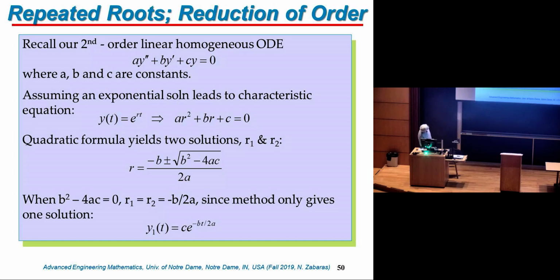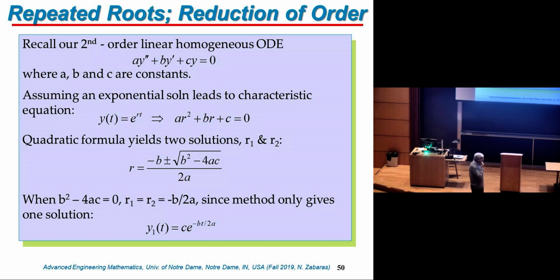So we're going to take the generic solution e to the rt, but we're going to assume something particular, that b squared minus 4ac equal to 0. So basically, r1 and r2 are minus b divided by 2a.